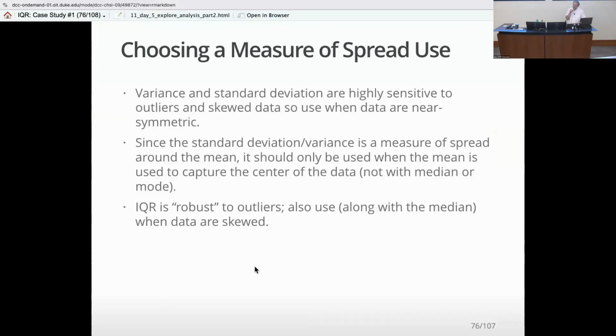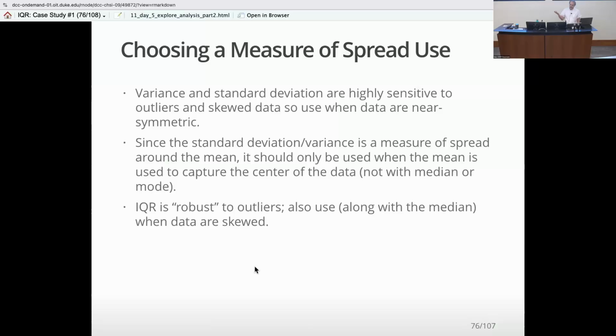And then again, just like for mean and median, they're different. For different data sets, we're going to choose what measure of spread we want to use depending on the data.